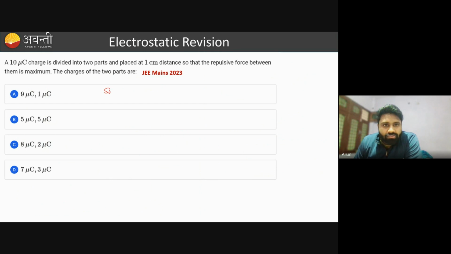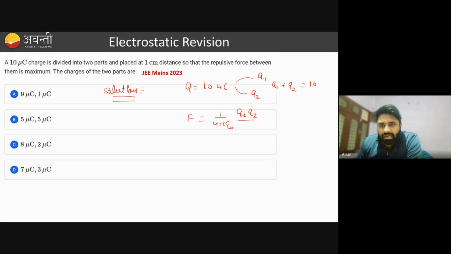Now, if I talk about the solution of this, you have a 10 microcoulomb charge. Let's say capital Q here is 10 microcoulomb. You have separated it into two parts, let's say Q1 and Q2, so that Q1 plus Q2 is 10 microcoulomb. You know that the force experienced by Coulomb's law is 1 upon 4 pi epsilon naught Q1 Q2 by R square.